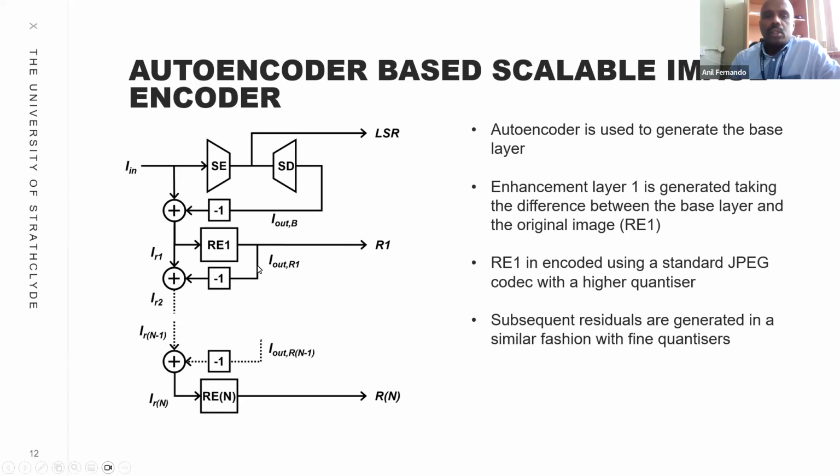This enhancement signal is again subtracted from the remaining signal to generate the second layer of enhancement, and so on. It continues until we reach the last enhancement layer. In this proposed framework, we have used one base layer and then four enhancement layers to demonstrate the effectiveness of the proposed algorithm.